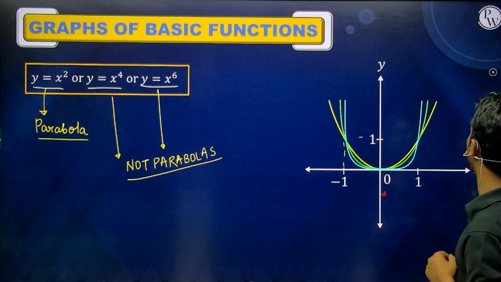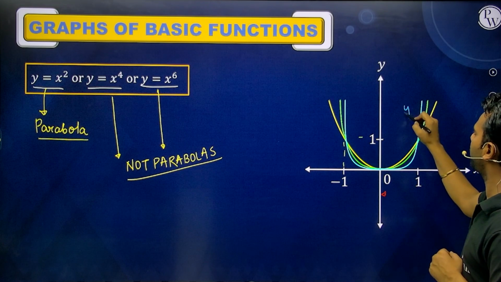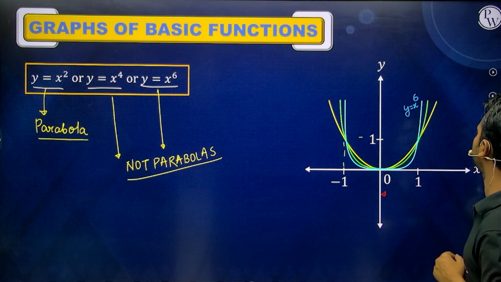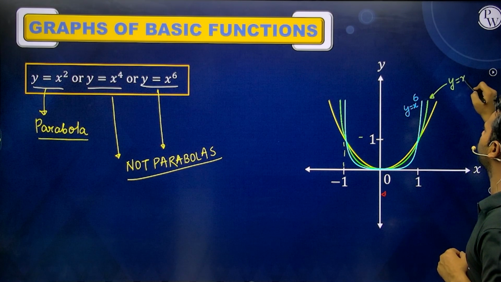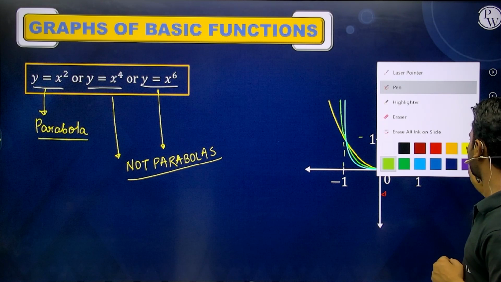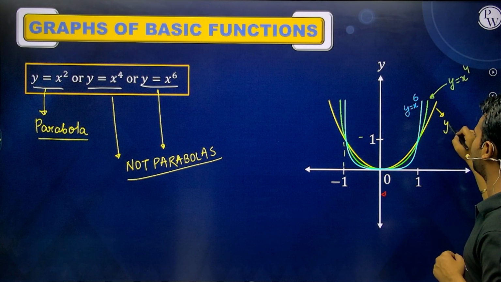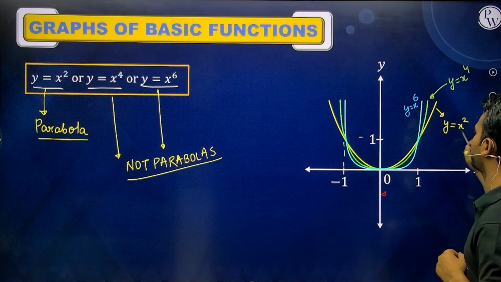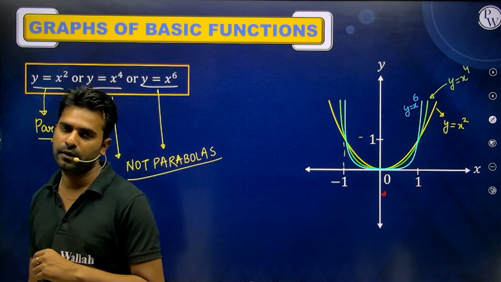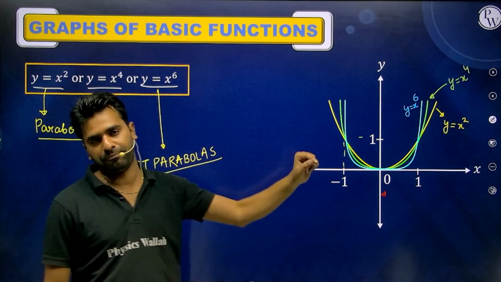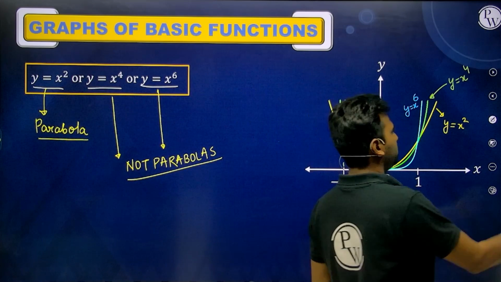Yes, this blue graph is of y equal to x to the power 6. Yes or no? Feel it? Because now I am assuming that you have successfully passed class 11th. You must know that these kind of graphs will be forming, right? In a single graph paper. It's very important to feel all these things.